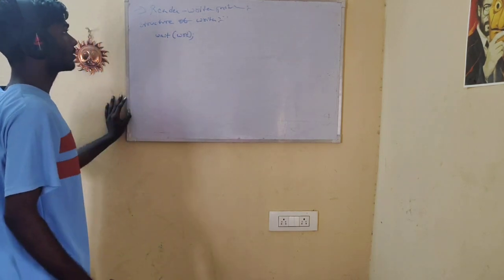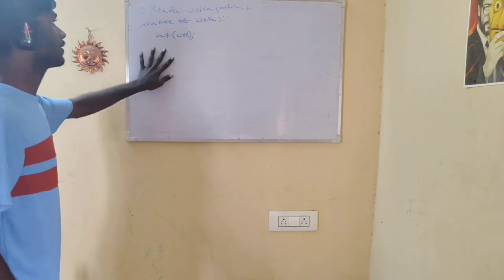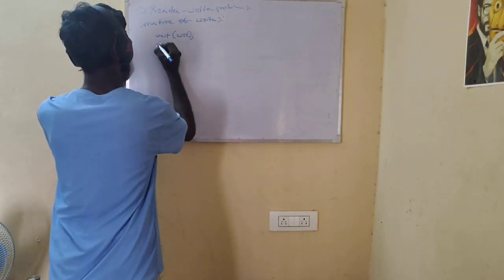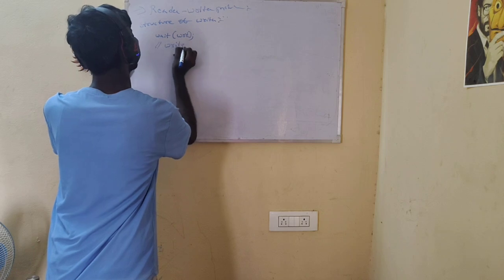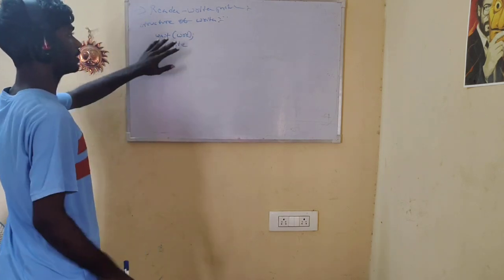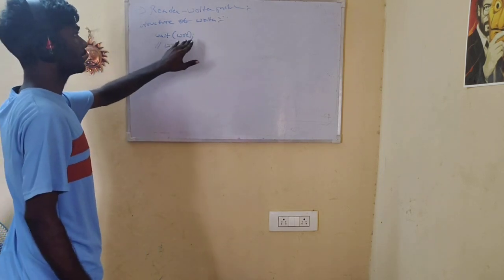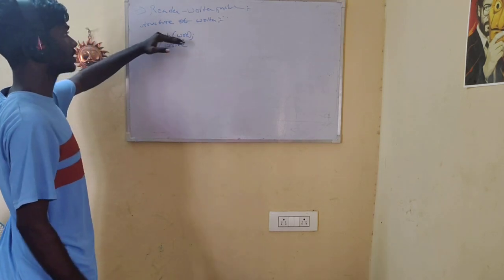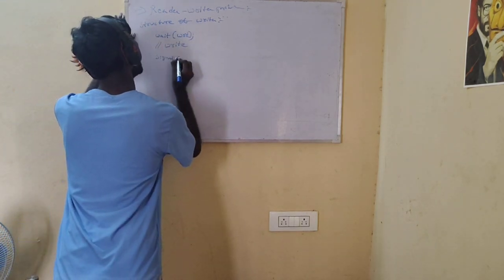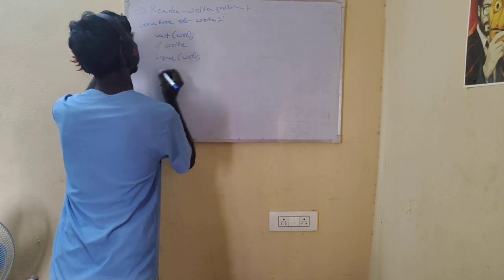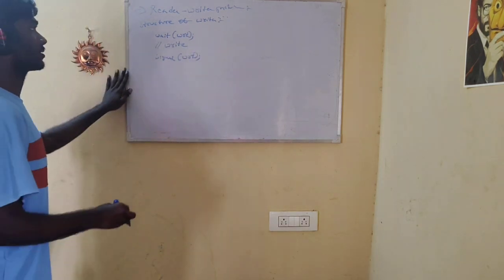I am not going to write the structure for wait and signal functions because that is already known. Wait of wrt. Once our process comes out of this wait function, we directly do the writing, and then signal of wrt. So this is the structure of the writer.